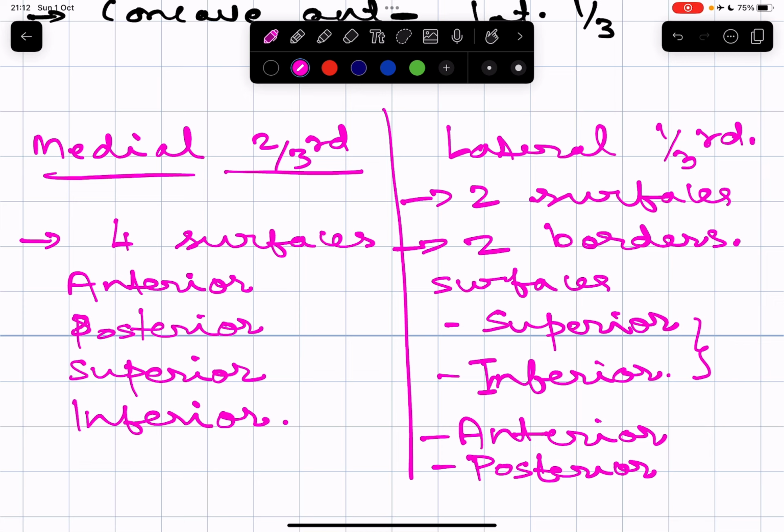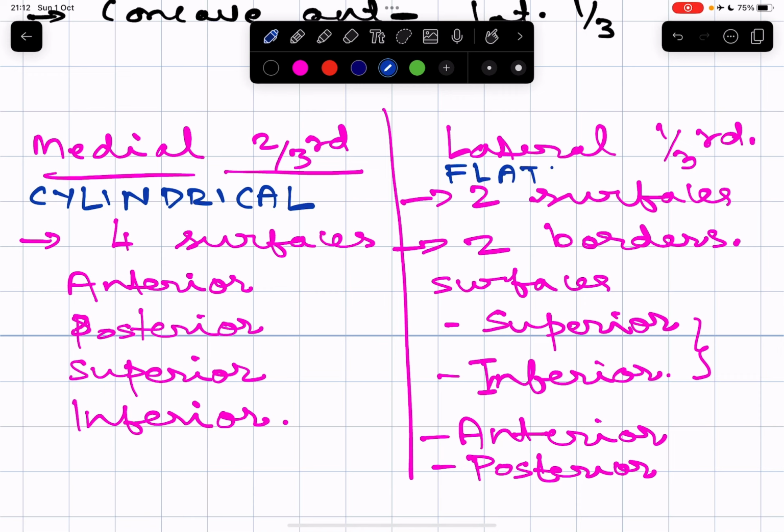Please remember the medial 2/3 is cylindrical. That is how you get 4 surfaces, and the lateral 1/3 is actually flattened from above downwards. All right. So these are the features.